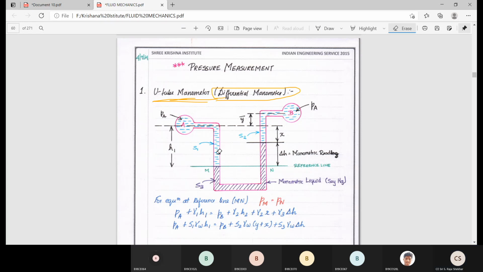Let us suppose this is pipe 1 and this is pipe 2, and I am connecting both to the U-tube manometer. The specific gravity of the flowing liquid in pipe 1 is S1, in pipe 2 it is S2, and the manometric liquid specific gravity I am considering S3.